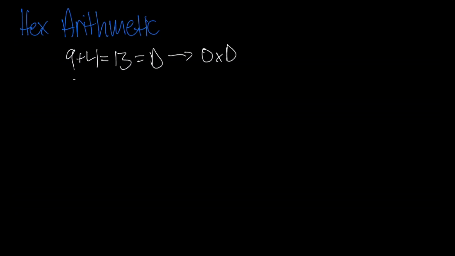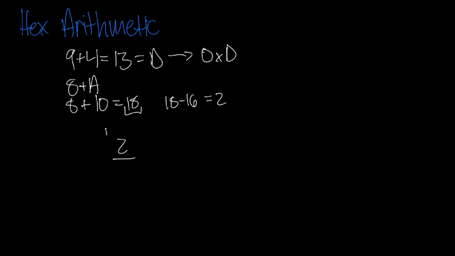Next example, let's look at 8 plus A. And so what does this actually mean? So we have 8 plus, we know A is the value of 10, so really we're doing 8 plus 10, which gives us 18. Now, since 18 is larger than 15, we have to carry. So we're going to do 18 minus 16, that gives us 2. So we're going to write 2 in the current column, and then we're going to carry a 1 to the next.